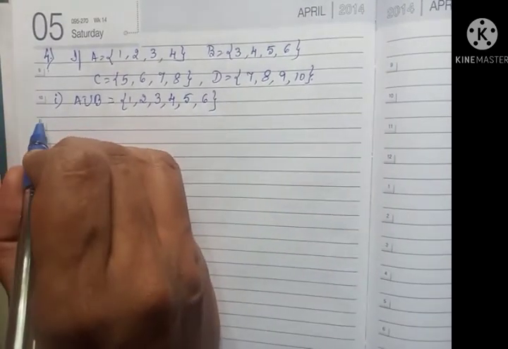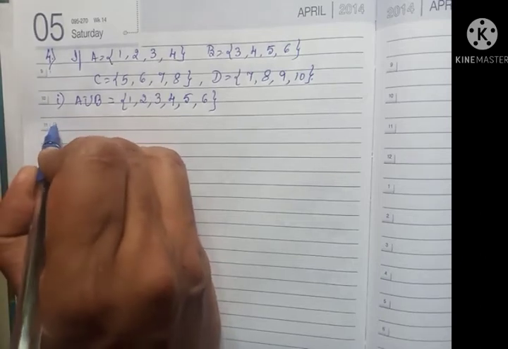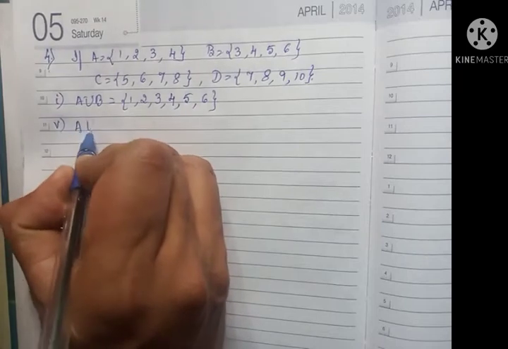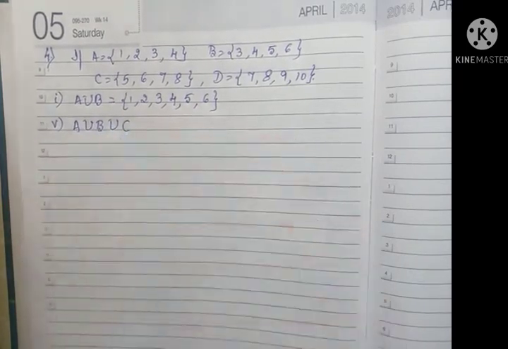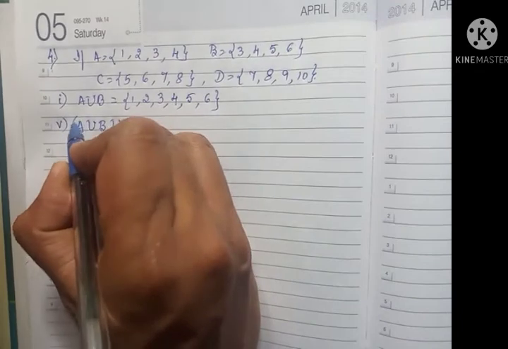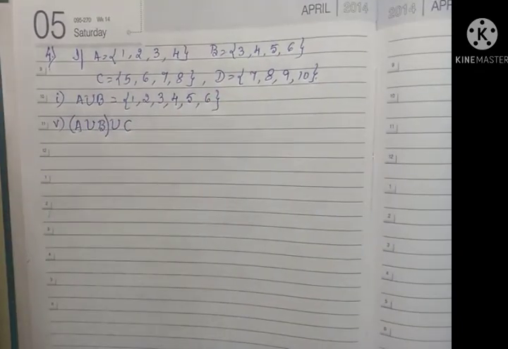Then I'll choose the fifth one. Fifth question. A union B union C. So there is one property. Using that, A union B. First find out the union of these two.